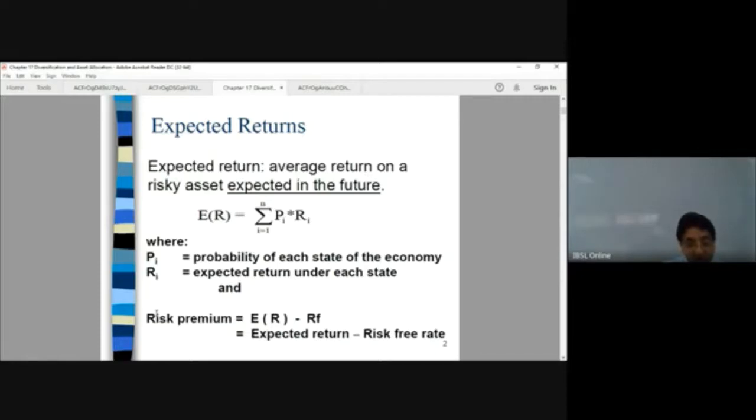But if you go for a risky asset and the return is lower than that risk-free rate, you should not go for that. So if you go for risky assets, you need to have a reasonable premium. The quantification of that reasonable premium depends on the additional risk you have taken.